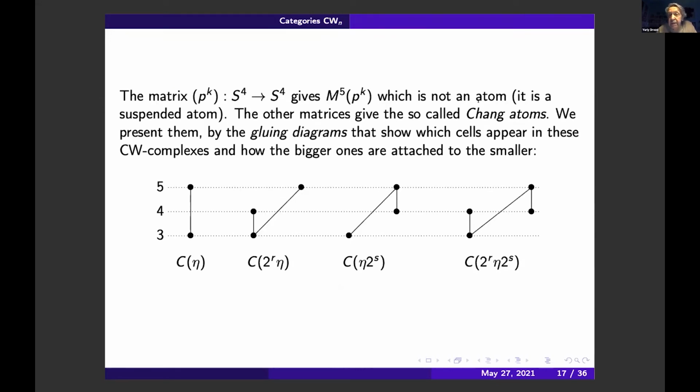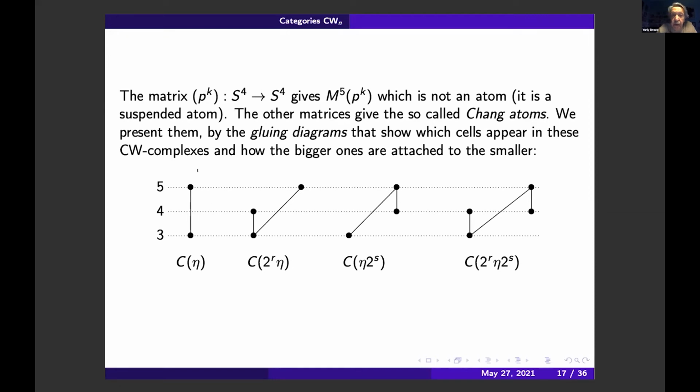The other matrices give the so-called Chang atoms. We present them by their gluing diagrams following Baues. They show which cells appear in these CW complexes and how the bigger ones are attached to the smaller.